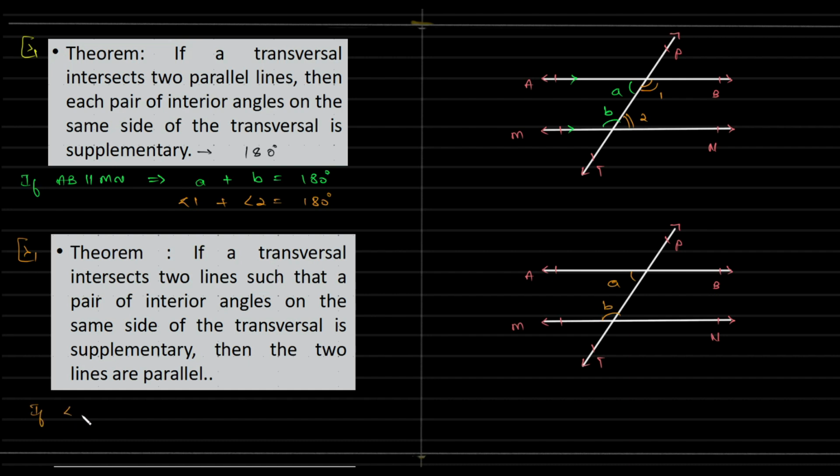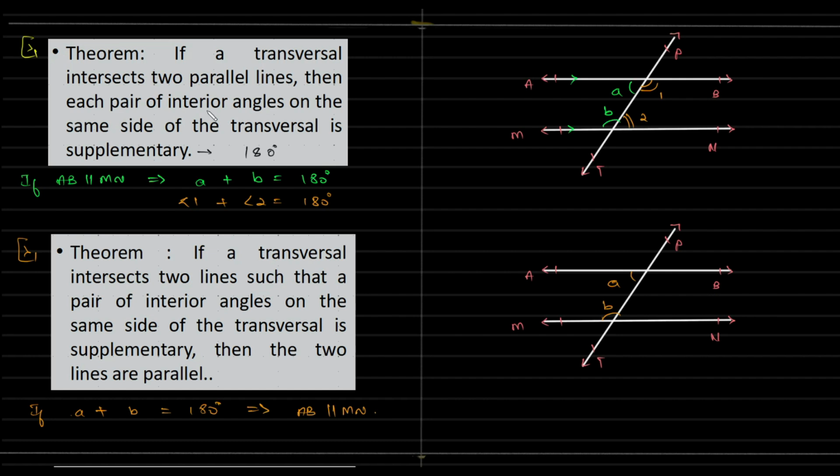So if angle A plus angle B add up to 180 degrees, then we have AB parallel to MN. Okay, so this is another theorem. Everything is quite simple. Logically, if you think of it, it's very easy.